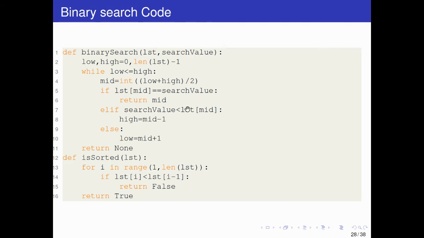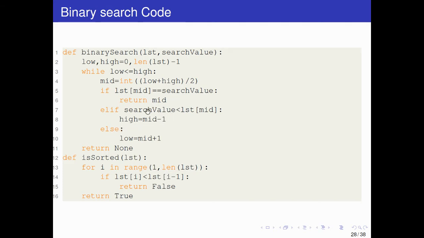So you update high to mid minus 1. Since you know the mid value is not the one, you look into the left side. Low is already 0, so you restrict the high index to mid minus 1.